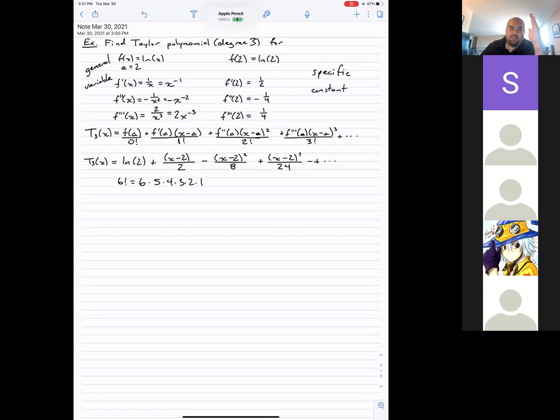Just take that number and multiply it by all the integers all the way down to 1. So how did 2 factorial become 8? It didn't. 2 factorial is 2. But remember, the second derivative at the point that we cared about was -1/4. So basically, -1/4 divided by 2. Oh, gotcha. Okay, thank you. No problem.